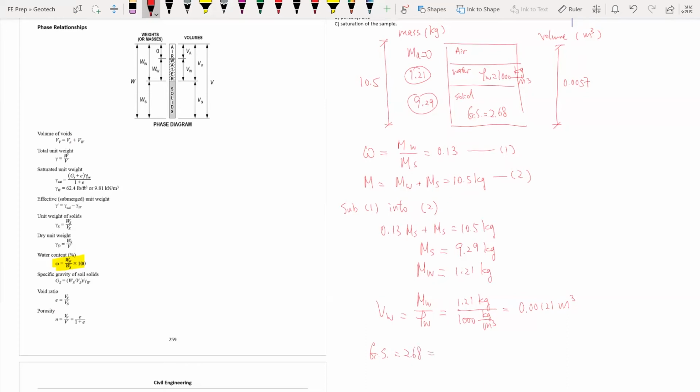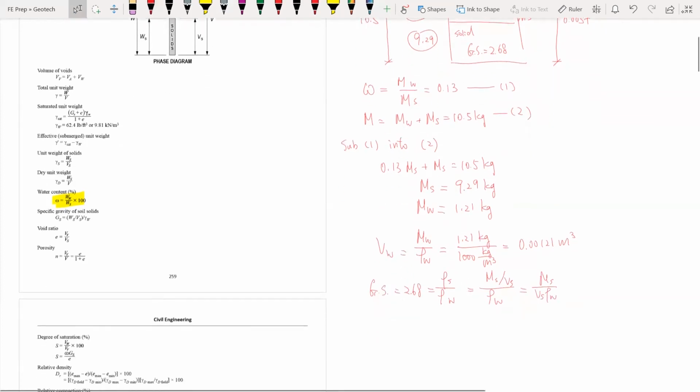We know this is equal to the density of the solid divided by the density of the water, and the density is equal to the mass of solid divided by volume of solid, in reference to the density of the water. If we organize these equations, we want to solve for the volume of the solid.